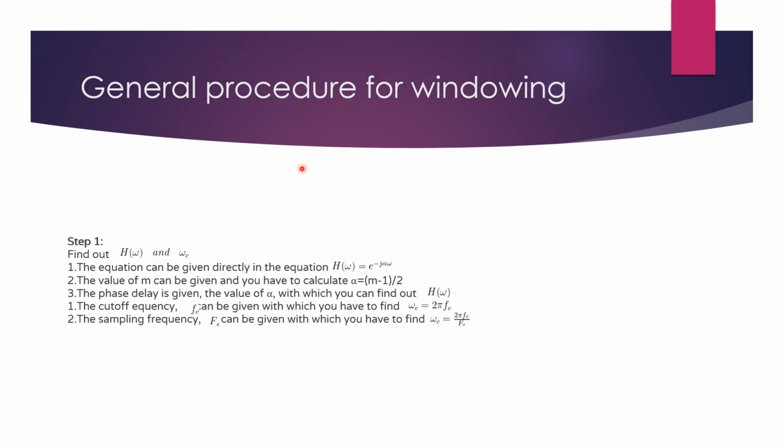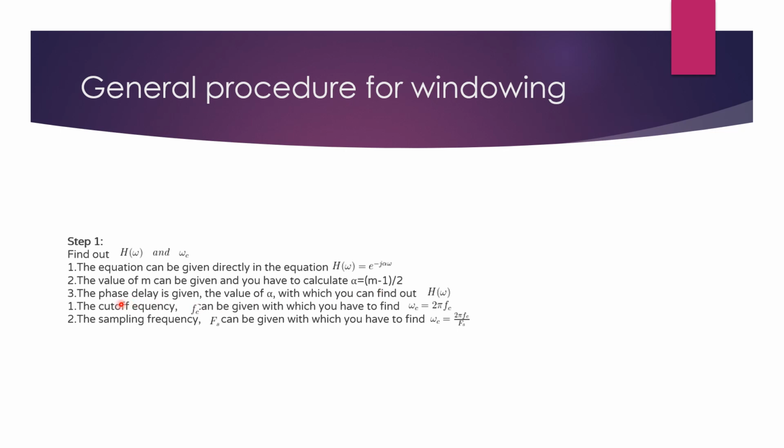Let's see the steps in more detail. The first step is to find out the capital H of omega and the cutoff frequency omega c. The equation can be given directly as H of omega equal to e to the power minus j alpha omega, where alpha can be calculated as (M minus 1) by 2, where M is the length of the samples.